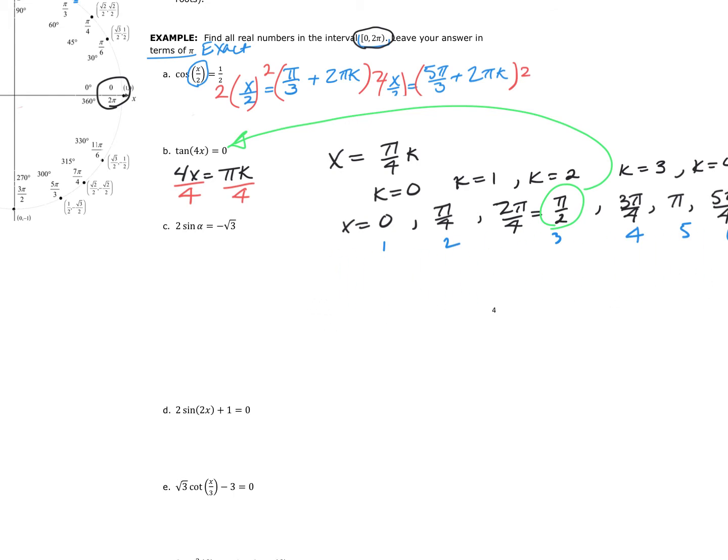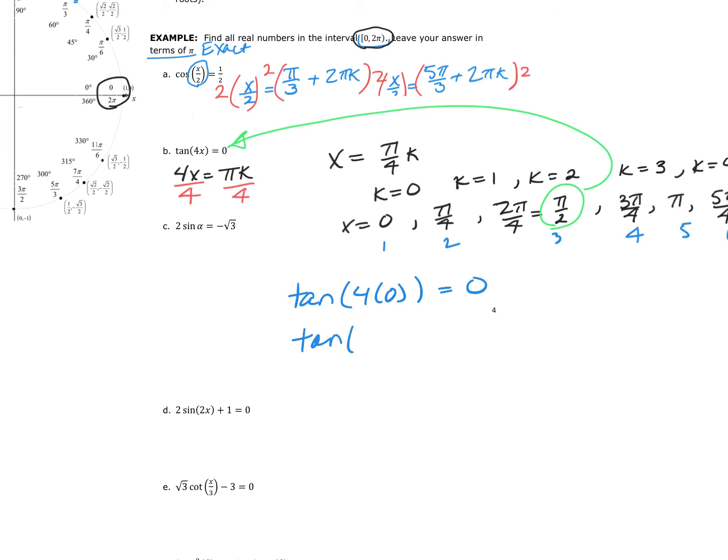With tangent, cosecant, secant, and cotangent, you do have to make sure that none of these are extraneous solutions. And what I mean by extraneous solutions is I'd go back and check the tangent of 4 times 0 does indeed equal 0.